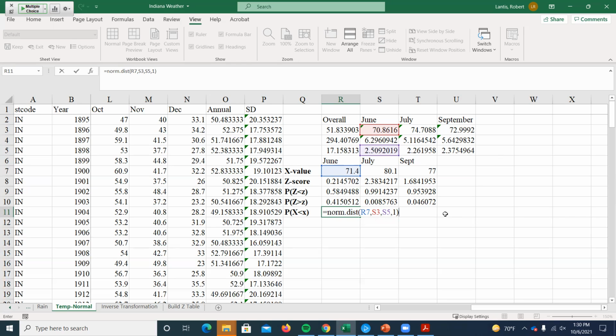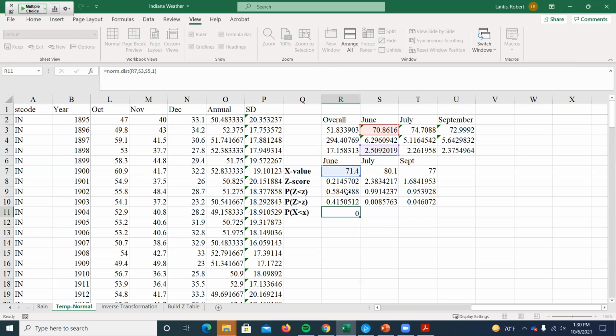So what this function is going to do is take 71.4, subtract the mean, divide by the standard deviation, get that z-score, and look that z-score up in the table. Essentially, it's integrating that probability density function up to that z-score, giving you that cumulative probability and spitting it out at you. So if we did the intermediate steps correctly, we should get that same probability of 0.58 here.